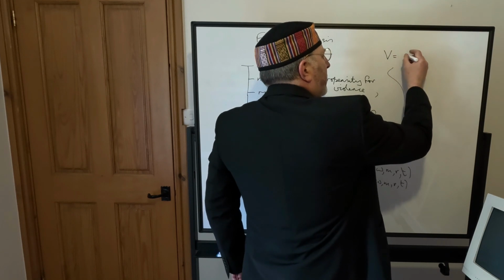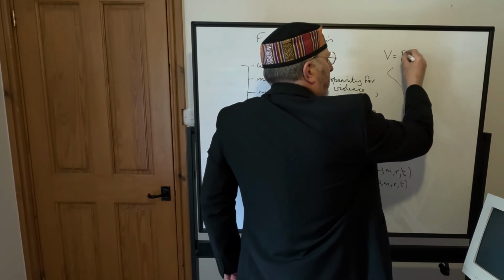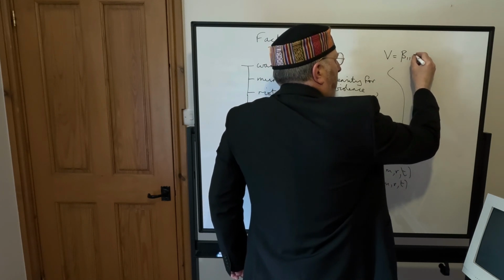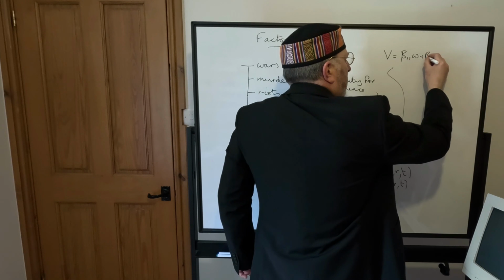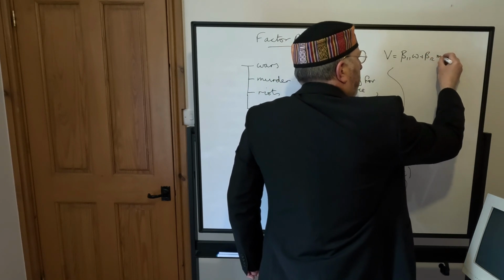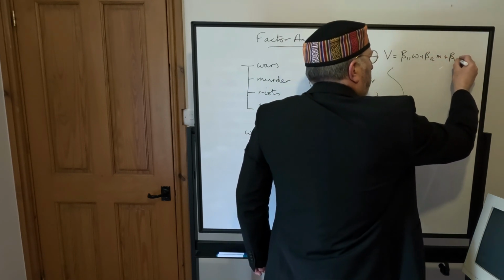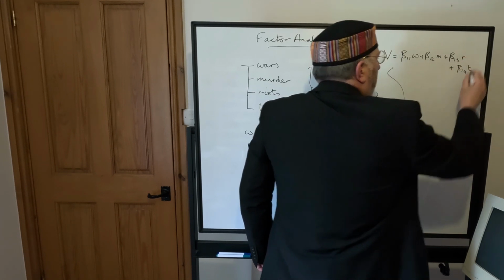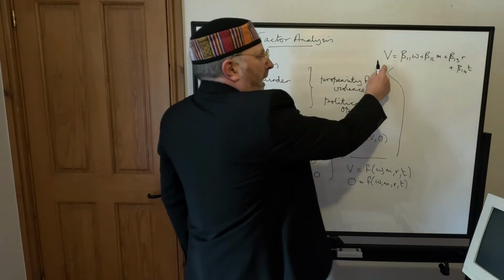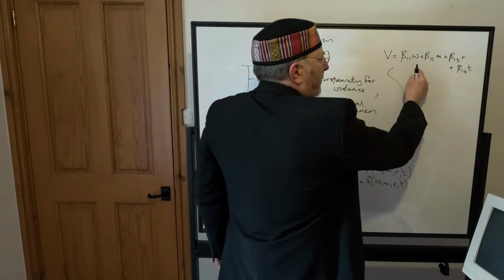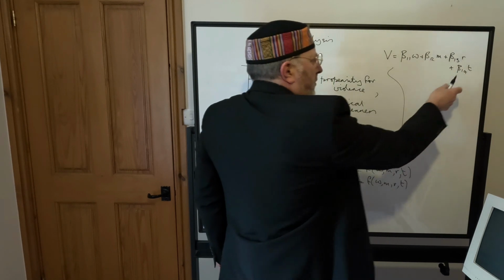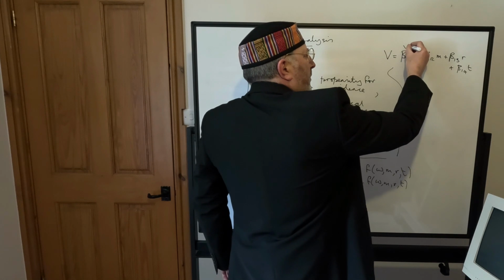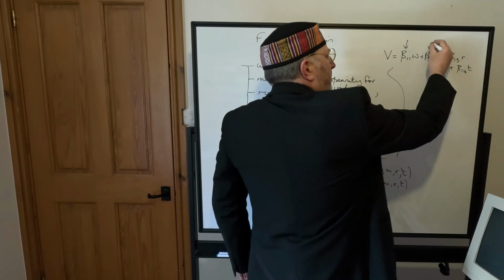We'll have something like V equals, let's just use beta, beta 1 1 of W plus beta 1 2 of M plus beta 1 3 of R plus beta 1 4 of T. And then there will be one for O, which will be beta 2 1 of W, beta 2 2 of M, beta 2 3 of R, and so on. So all I'm saying is that what we're really interested in is finding these betas.